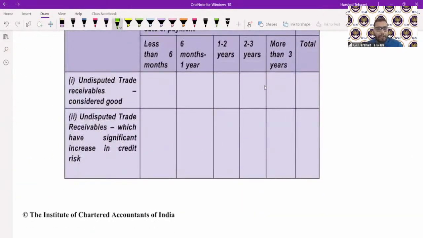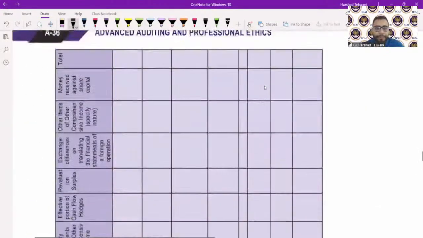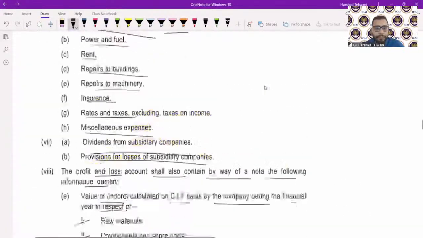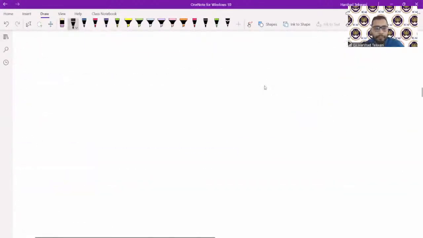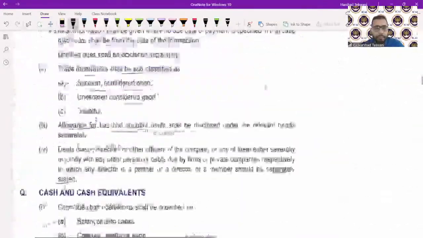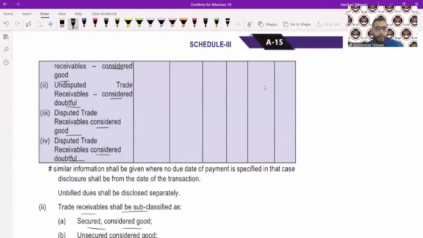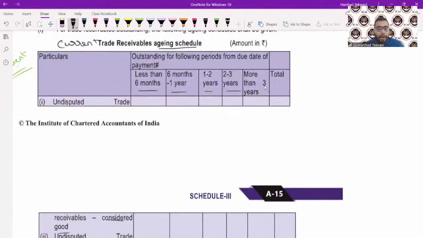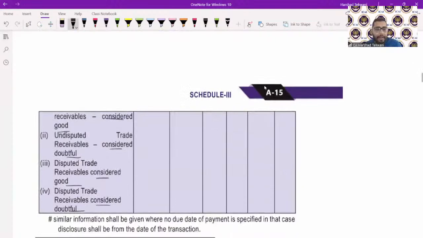So for example, undisputed trade receivable considered good. It was there last time also. Undisputed trade receivables which have significant increase in credit risk. Earlier, in Division 1, we were talking about undisputed trade receivables considered good and undisputed trade receivables considered doubtful.